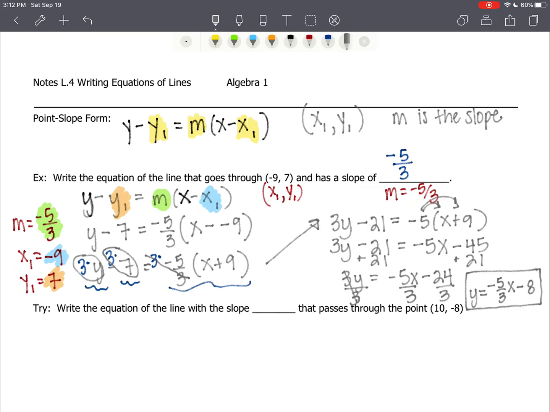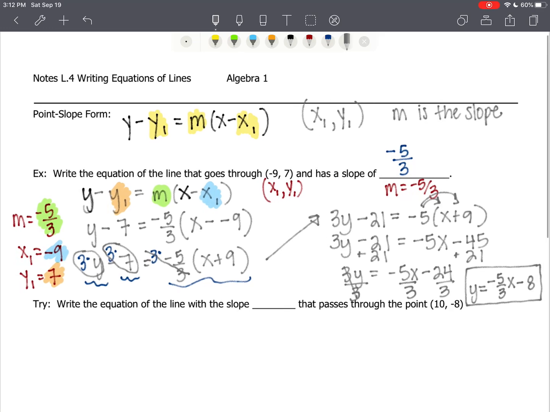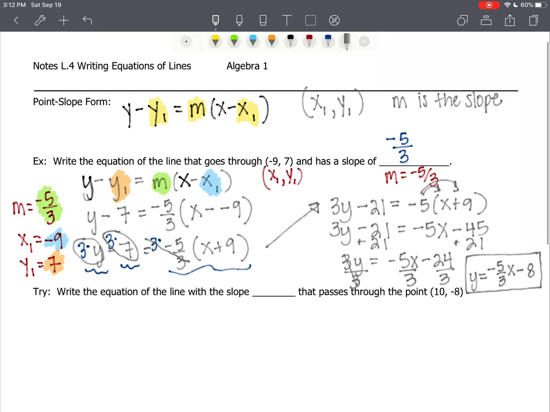So our first step is to write down our formula, y minus y1 equals m times the quantity x minus x1. Then we identify our values m, x1, and y1. Then we take those numerical values and we substitute them in, and we simplify solving for y.